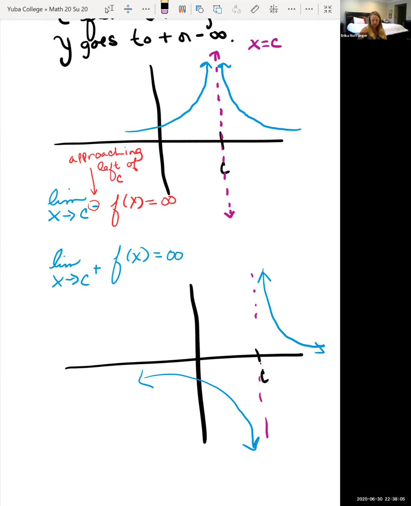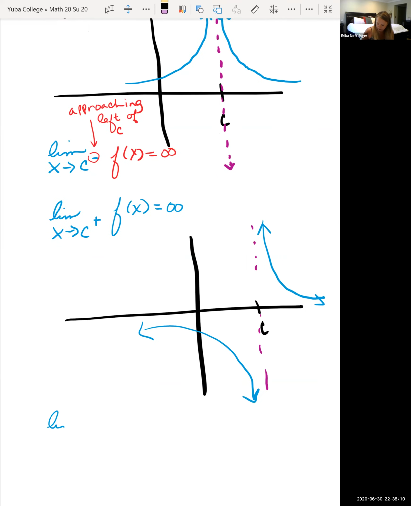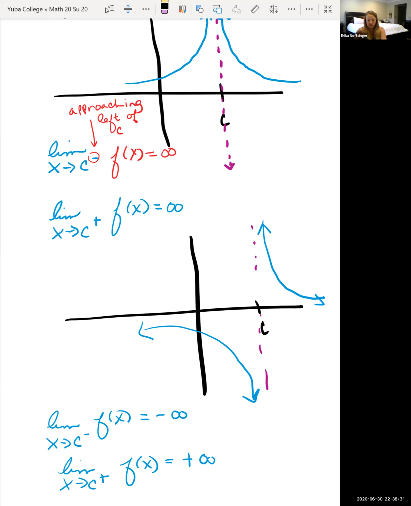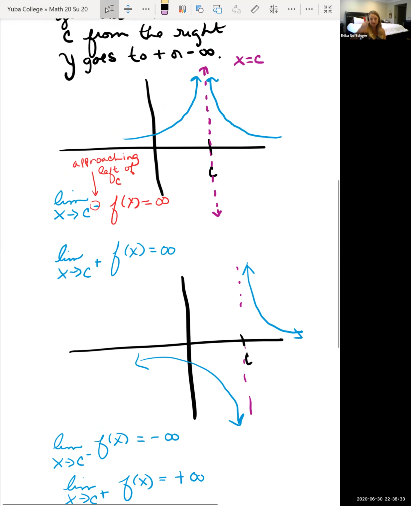And as x is approaching c from the right, we're going up to positive infinity. Basically, what you need to know is, as you're approaching some vertical line going through some x value, if the graph shoots upwards or downwards as you approach it, that's a vertical asymptote.